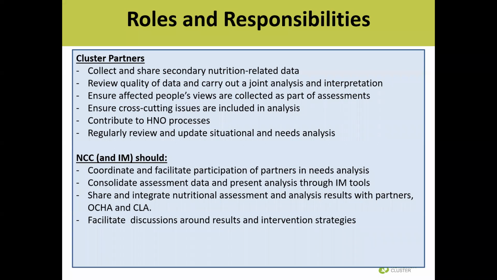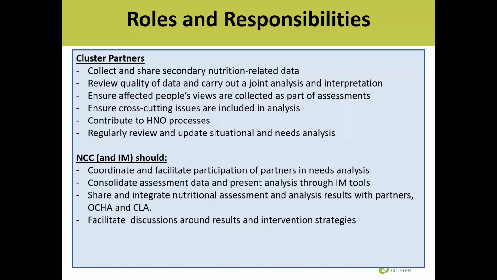For example, UNICEF as a cluster lead agency has a commitment to ensure that cross-cutting issues are mainstreamed adequately in the HPC process. But unfortunately, not every country cluster's products meet those standards. So I just want to remind you to make sure that cluster partners are adequately involved in the process.